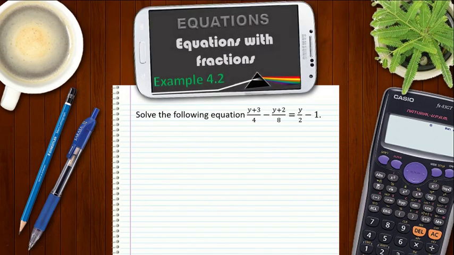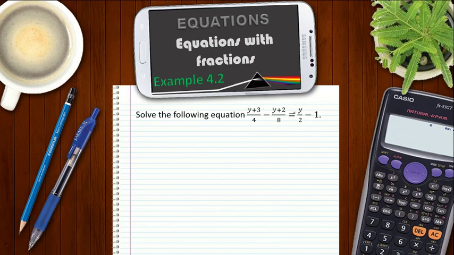All right, now in this case, we don't have a choice. Here we have to get rid of the fractions first thing. Now, when I look at 4, 8, and 2, I need to get my lowest common denominator, okay? And then just multiply through with it. So remember when we did algebraic fractions, we got our lowest common denominator, but then we put everybody over it.